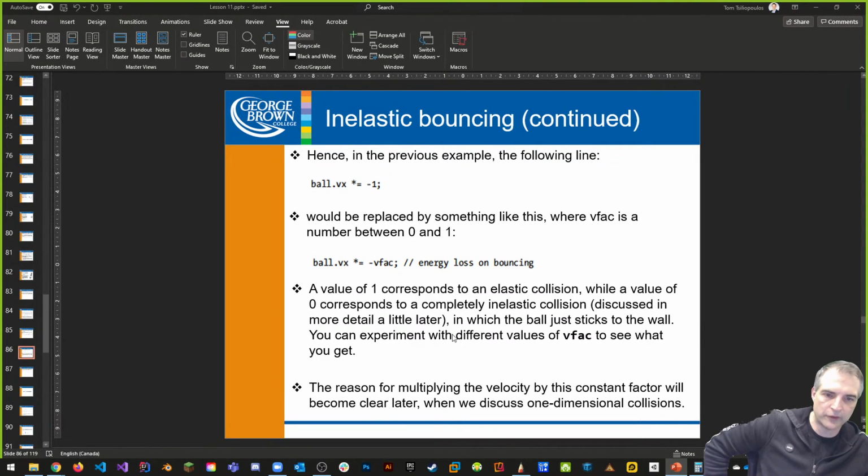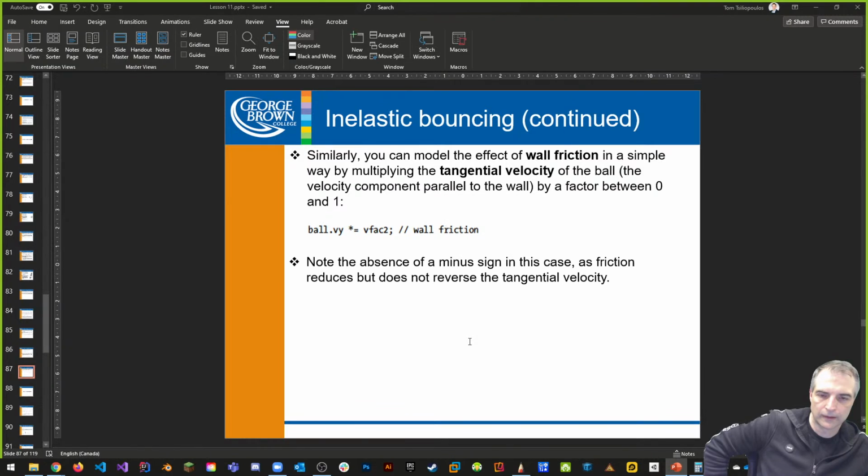You can experiment with this so that it reduces the energy over time. We can also think about this as wall friction, or as restitution: how much the wall is going to absorb energy when the ball hits it. This is the idea of the reversal in the perpendicular but not tangential component.